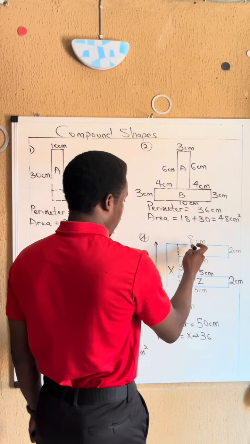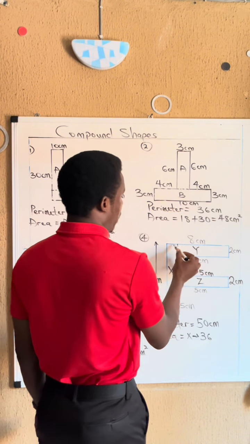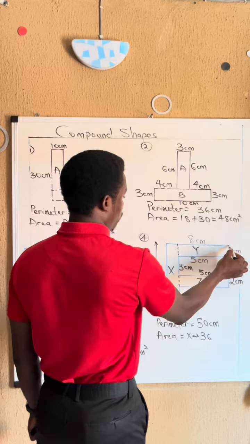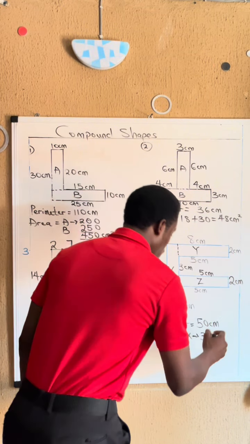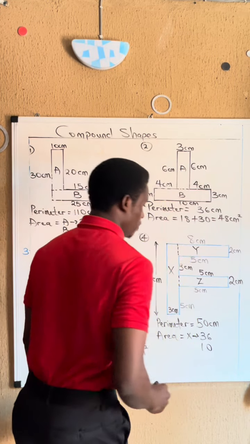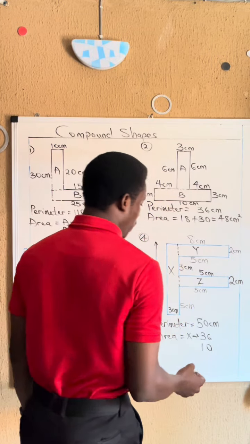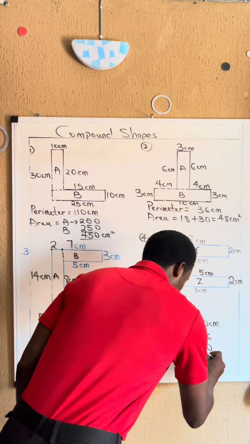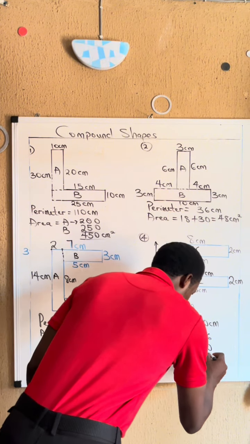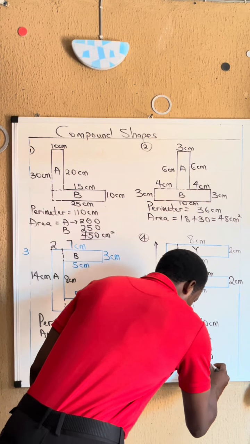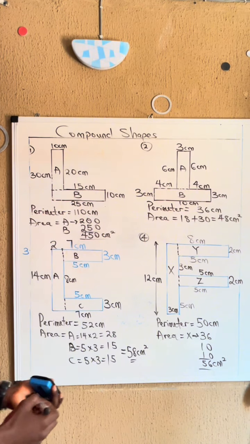For Y, it is 5. Yeah, we cannot say 8 because 8 goes from here to here. So it is 5 times 2, that is 10. And for Z, it is 5 times 2 again, that gives 10. So when you sum this up, it gives you 56 centimeters squared.